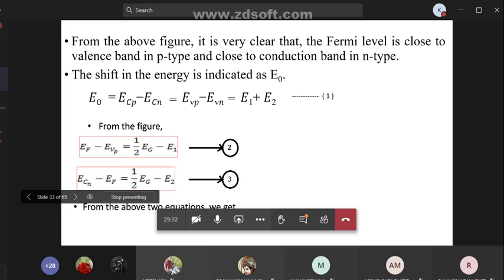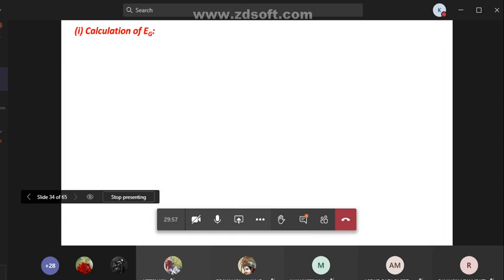So from these two equations we can write E0 equal to E1 plus E2, that is equal to EG minus (ECN minus EF) minus (EF minus EVP). Okay, so that is the equation 4.